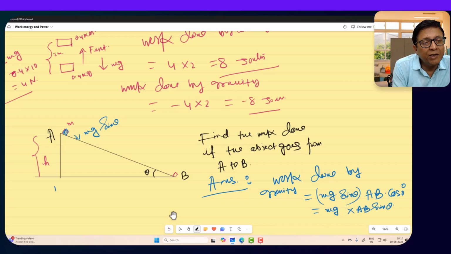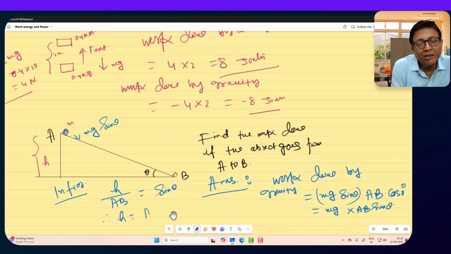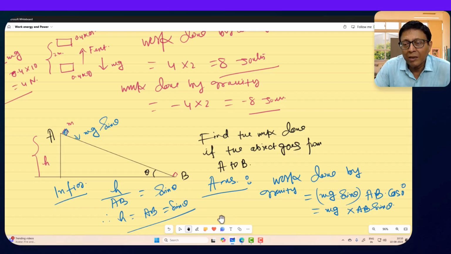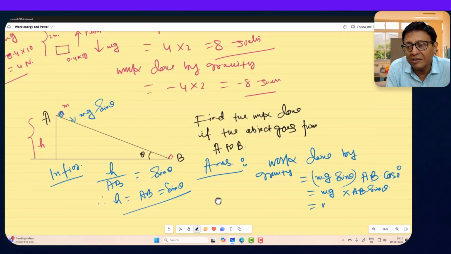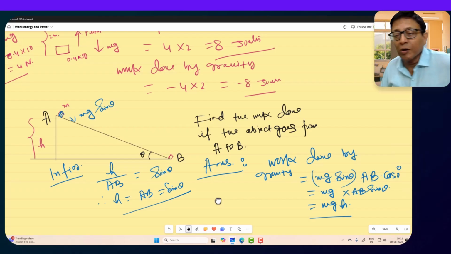But in this figure, what do you observe? H by AB equal to sin theta. So H equal to AB sin theta. Okay? Work done by gravity is mg into AB sin theta, that is mgh. So this H stands for what? Vertical height of the point.